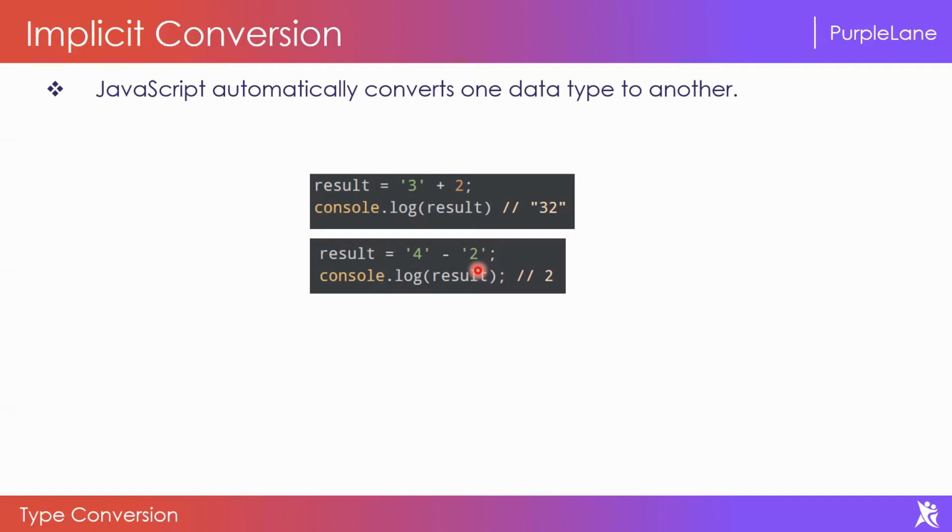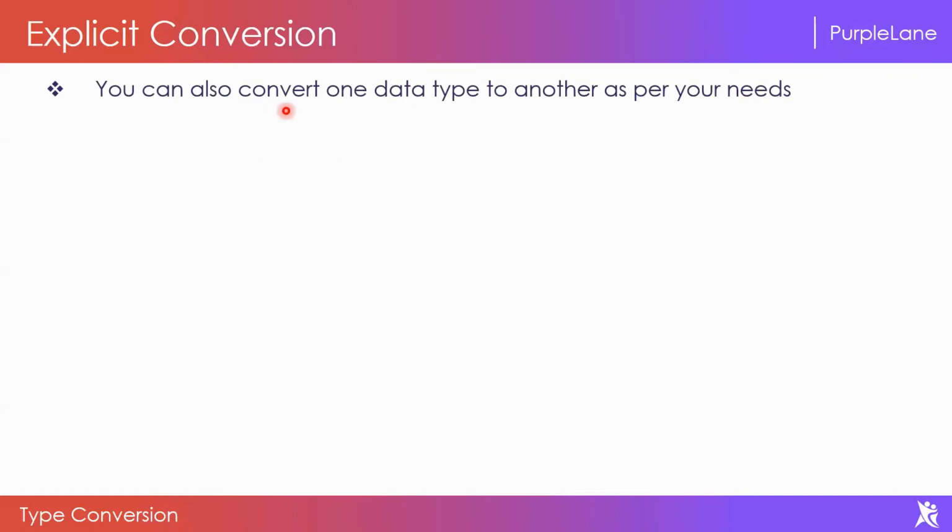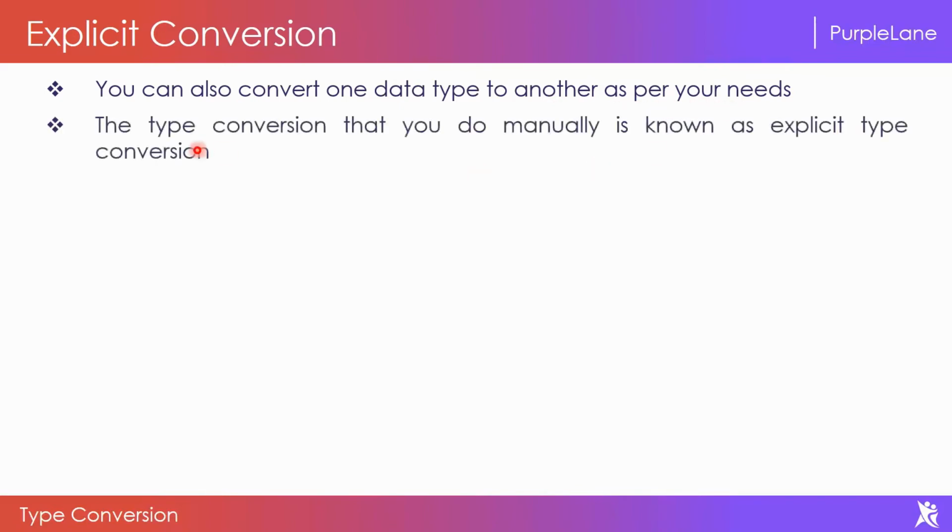And if you want to convert, in this case '3' plus 2, if you want to convert this 3 into a number and then add it to the 2, then we have to use explicit conversion. It means that you have to specify the target data type. So you can convert one data type to another as per your need. The type conversion that you do manually is known as explicit type conversion.